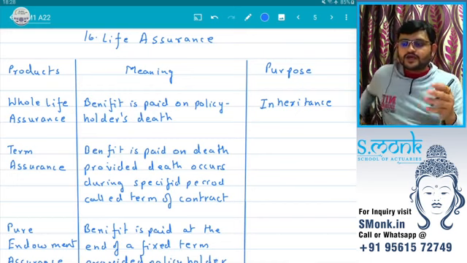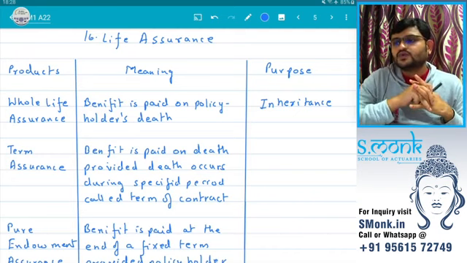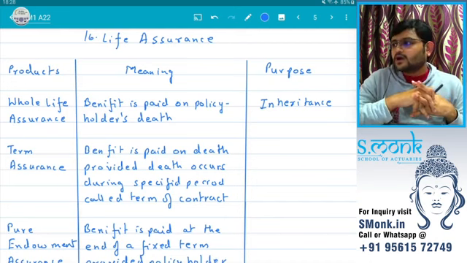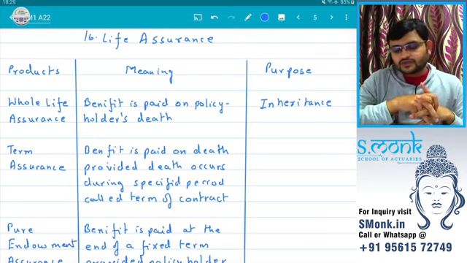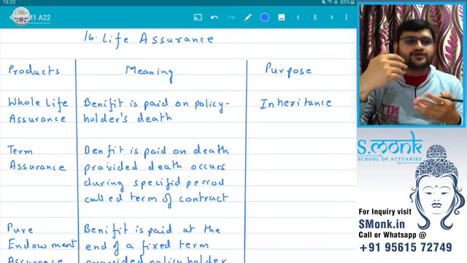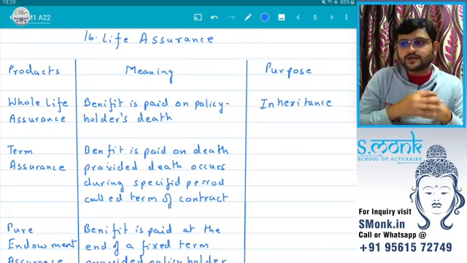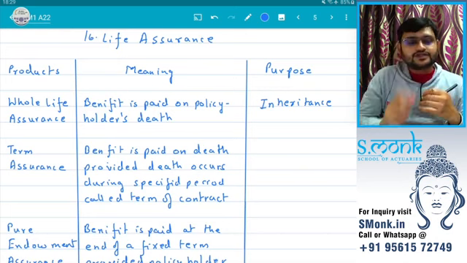Rather than keeping that money and passing it on directly to their children or wife, they make a whole life assurance policy. One reason a person would take whole life assurance, and not just pass on that money or invest it somewhere else, is that the benefit would be fixed.